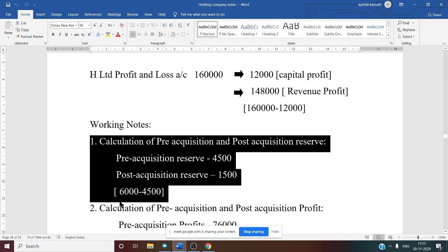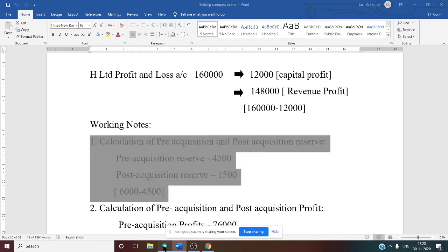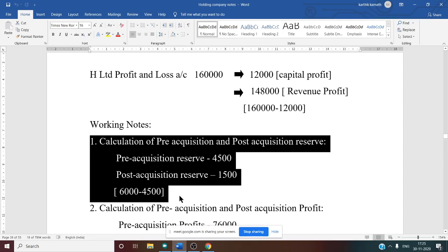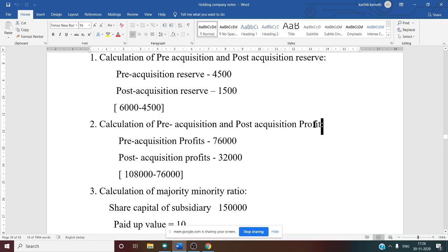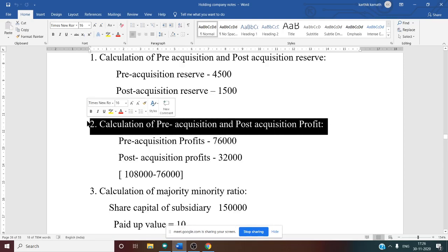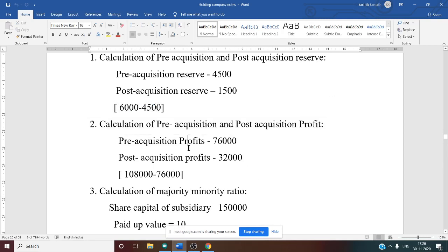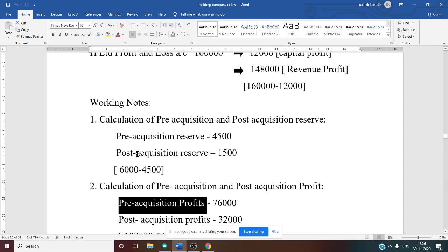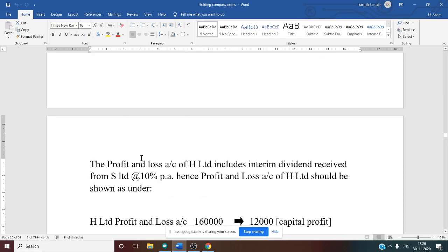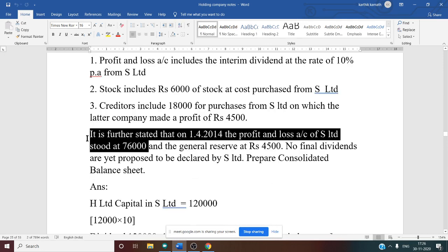After this, you have to do a similar type of calculation for profit also. That is working note number 2, calculation of pre-acquisition and post-acquisition profit. Again, pre-acquisition profit is given in the adjustment. See this, given in the adjustment, 76,000 profit and loss of S Limited as on 1/4/2014.